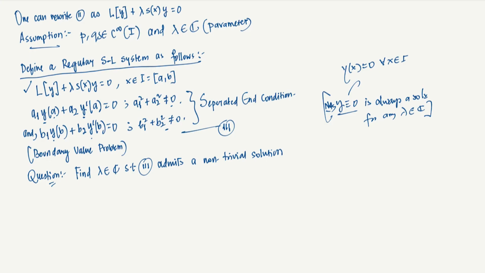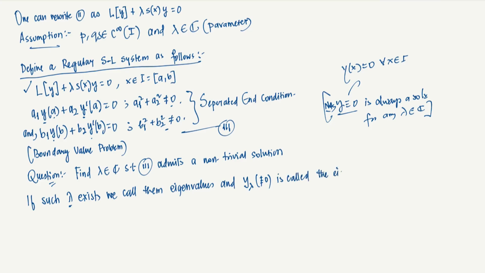So basically we want a non-zero solution, and we want to find lambdas such that that happens. If such lambdas exist, we call them eigenvalues of the system, and the solution y, depending on that particular lambda, the non-zero solution which you are going to get, y lambda corresponding to this lambda, is called the eigenfunction.